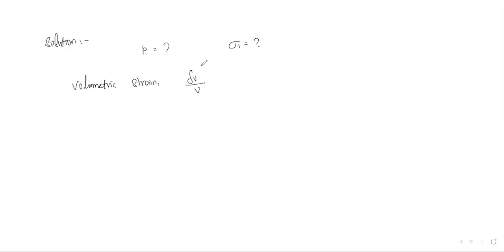Change in volume, they have given, is 25 into 10 cube mm cube, and volume is pi by 4 into d squared into L.